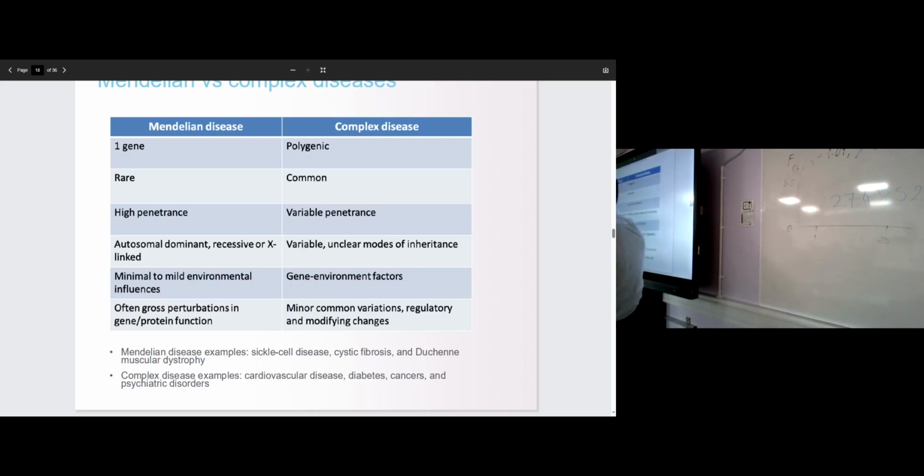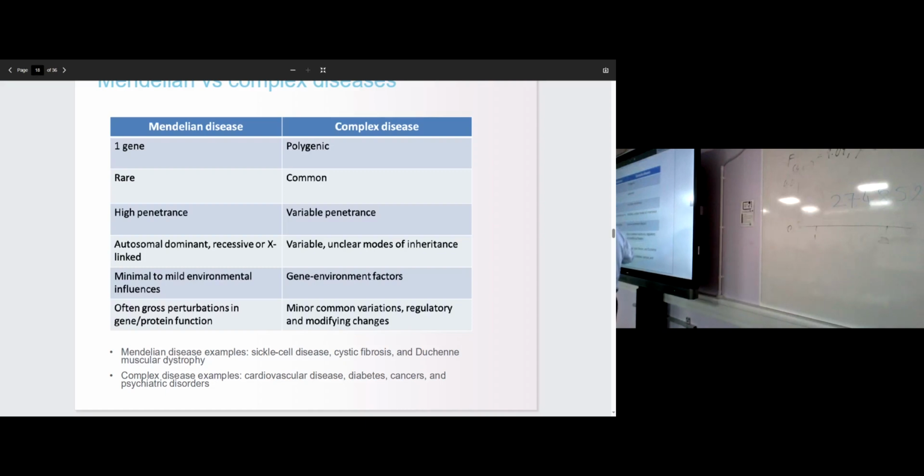Or cardiovascular disease: if you exercise, take care of your diet, don't smoke, don't drink, you're going to have lower chances of developing cardiovascular disease. So polygenic diseases have much more influence from environmental factors than Mendelian diseases.